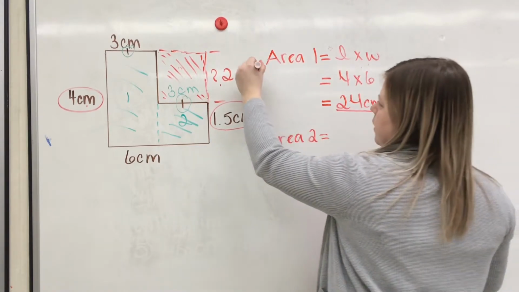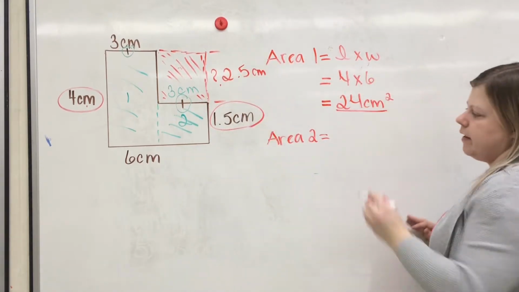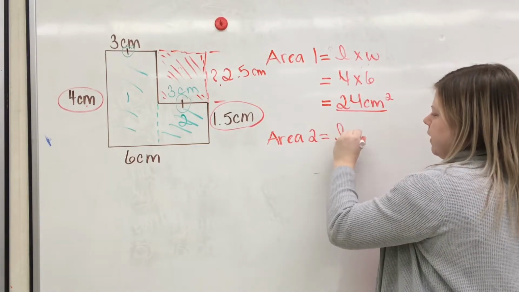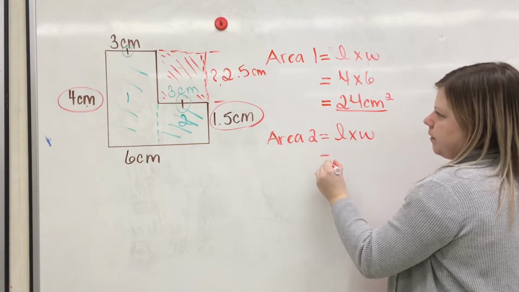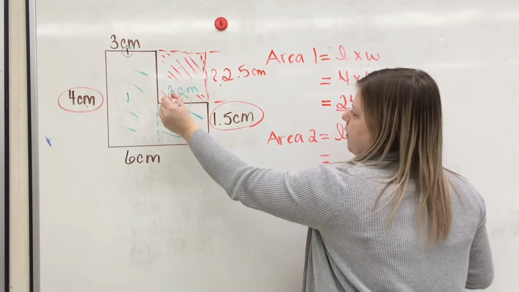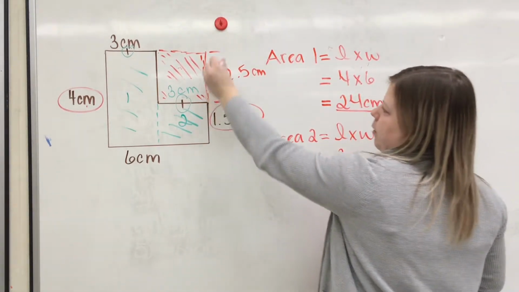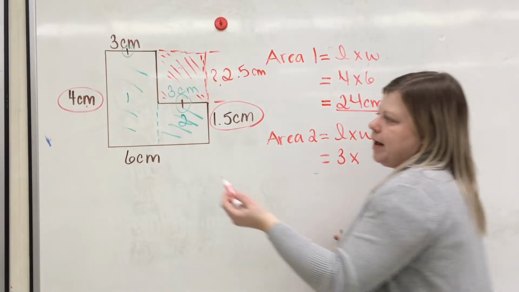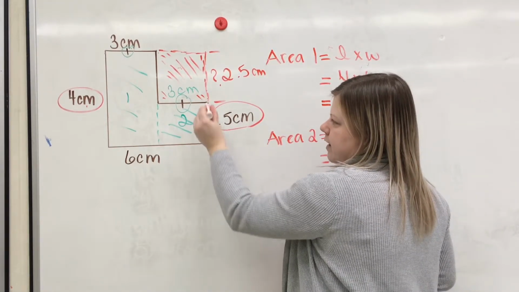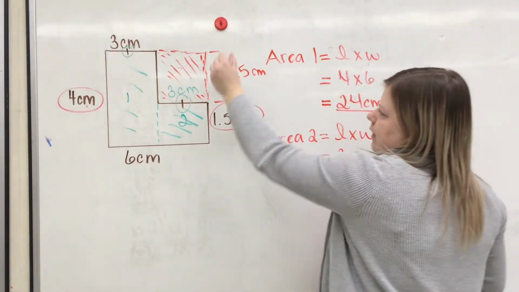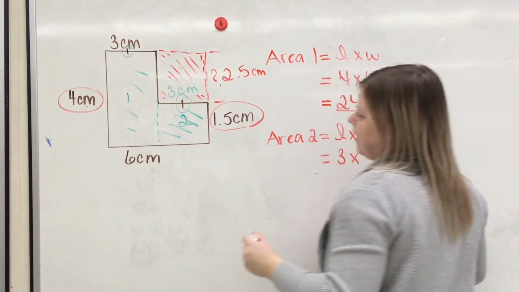So my area of shape number 2 is going to be length times width. And my length here is 3 centimeters, and we know that from our last question, multiplied by my width. And we figured that out by subtracting this little measurement that we knew about from this 4 to get 2.5, so that this side would equal 4 like that side.